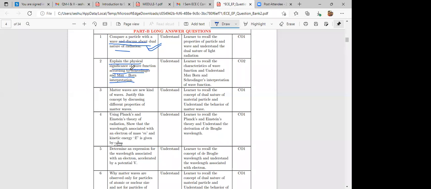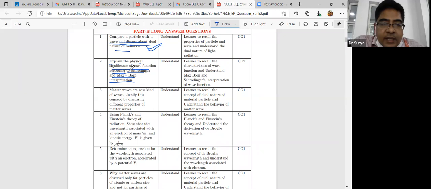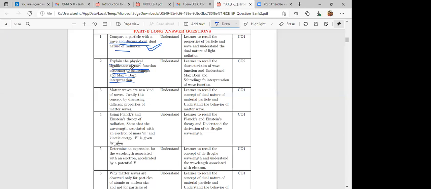Next, matter waves are a new kind of waves. Justify the concept by discussing different properties of matter waves. We have discussed some properties of matter waves. What are the properties? Greater the velocity, lower is the de Broglie wavelength.